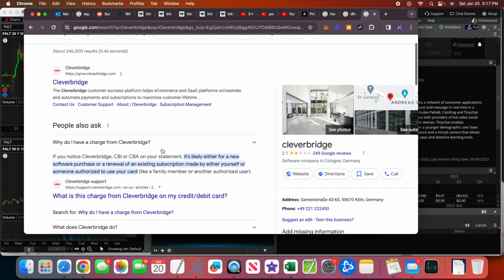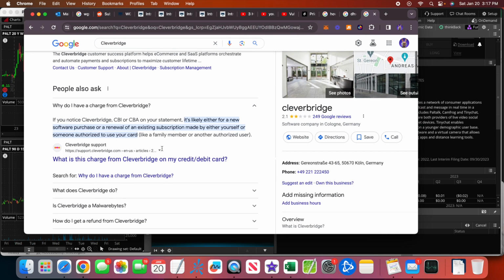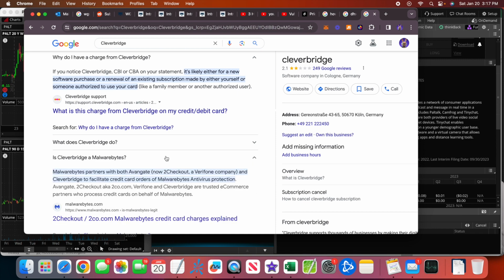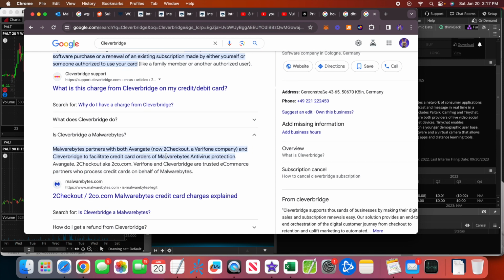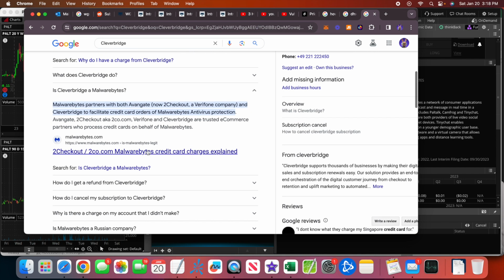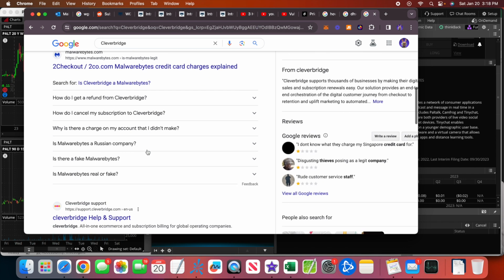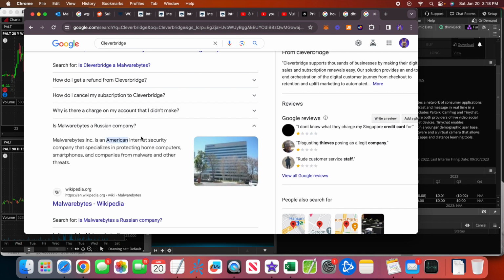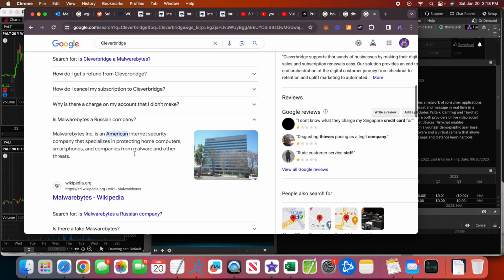Charge from Clever Bridge. Clever Bridge on Malwarebytes. Malwarebytes. Like, it's, wheesh. It's a little sketchy, dude. Malwarebytes, American internet security company. Your smartphones.